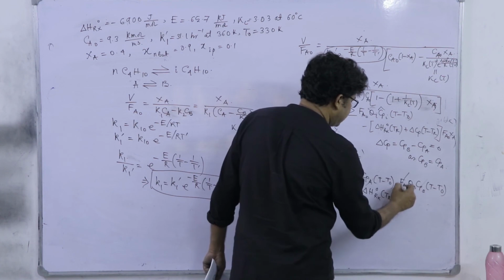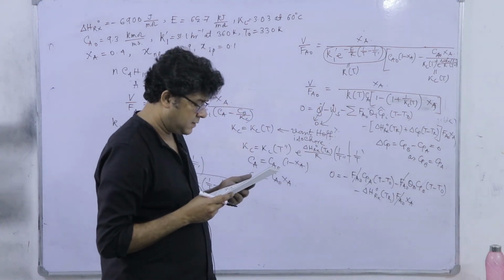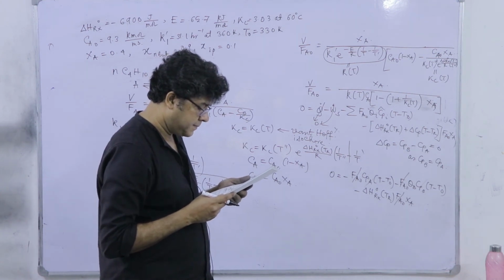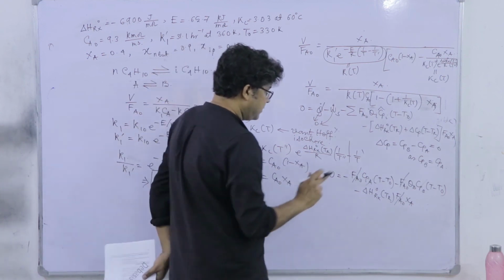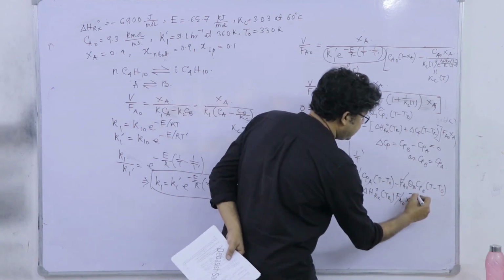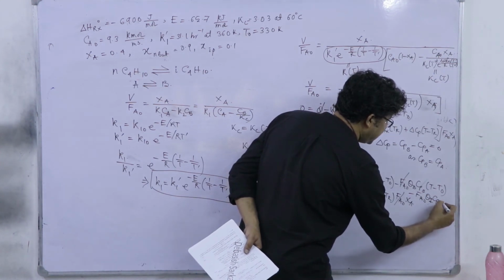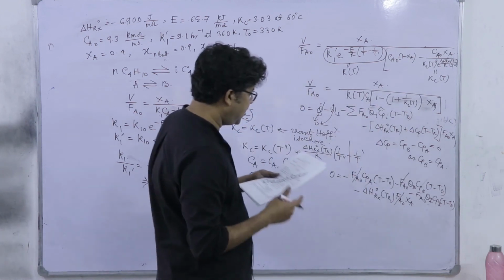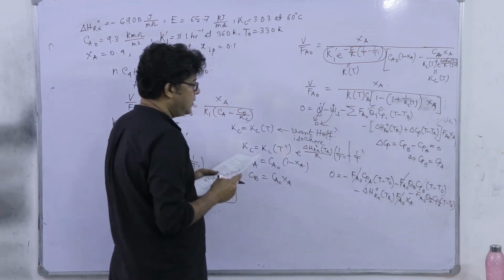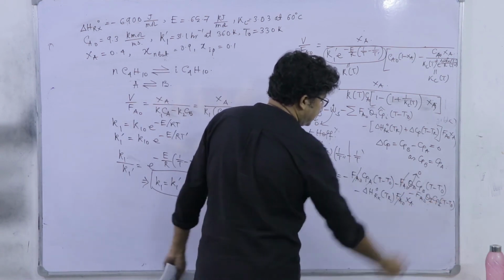So Fa naught cancels out everywhere, and inert is there, right. So minus Fa naught into theta I Cpi T minus T naught. So inert is this pentane. Okay. So, theta b is 0, but there is inert.